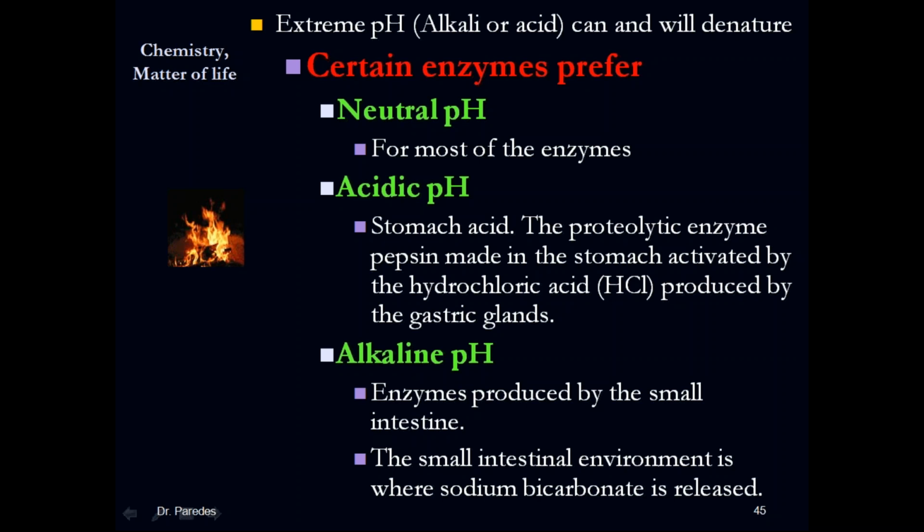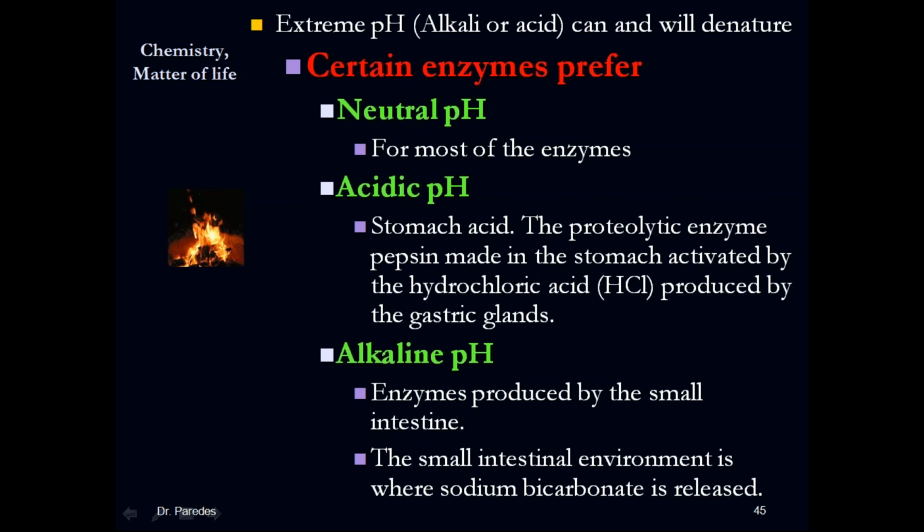What is neutral pH? It's a pH that is closer to 7. Okay? And these enzymes in that environment, or close to 7, are going to work. If the pH is too alkaline or too acidic, the enzymes are not going to be able to work, at least the majority of them. So what does it mean?